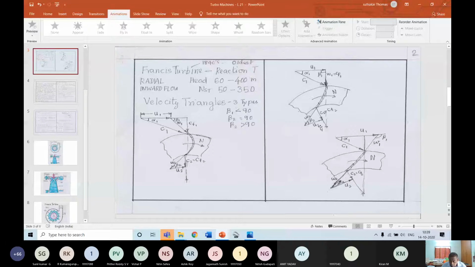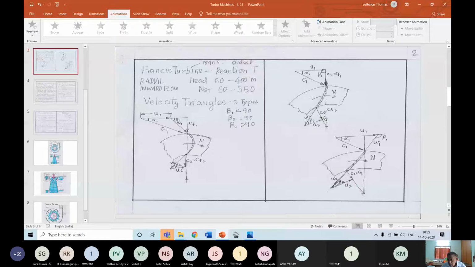At the exit, usually the flow direction is radial, so that the absolute velocity C2 will be equal to the flow velocity. In all the three, it is indicated like that, because in the design condition, one would like to have minimum C2 value, and that will be possible when C2 is in the radial direction. It will not have any whirl component.